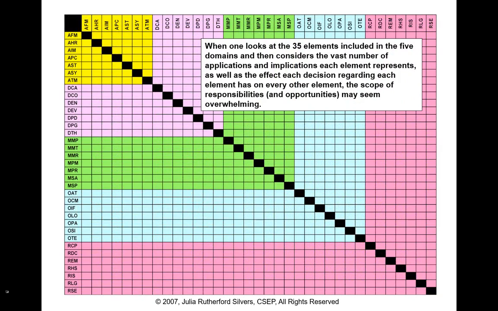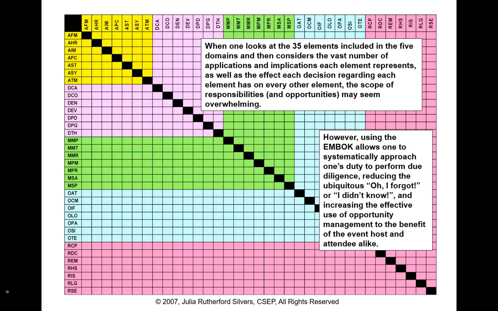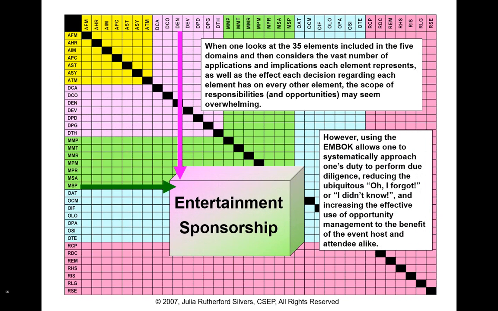So this is what it looks like as a 2-dimensional model. We have the 35 elements plus the 5 areas of domain, or the 6 in our case. And you can see once you make a decision in the design entertainment area, what sponsorship things do we need to consider? Now we could do that for finance. What do we need to consider for financial reasons? What human resources do we need to bring in?